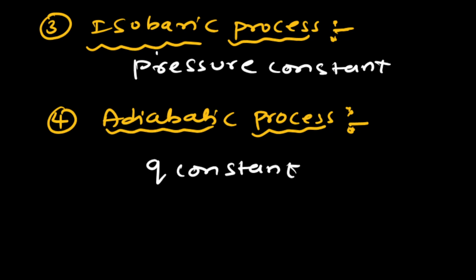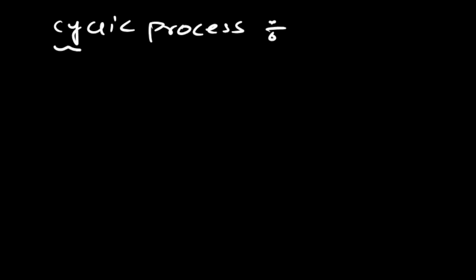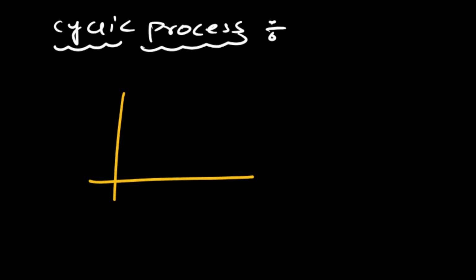In a cyclic process, after n operations, the obtained state is exactly equal to the initial state. Let's suppose I take one graph to help you understand the cyclic process.